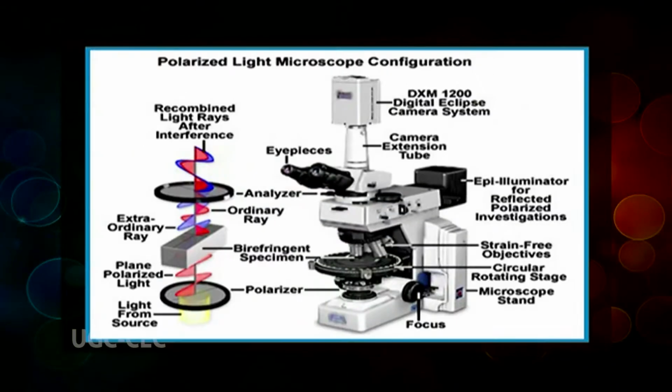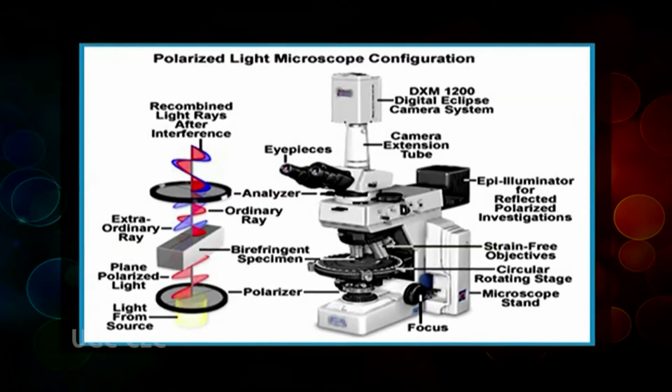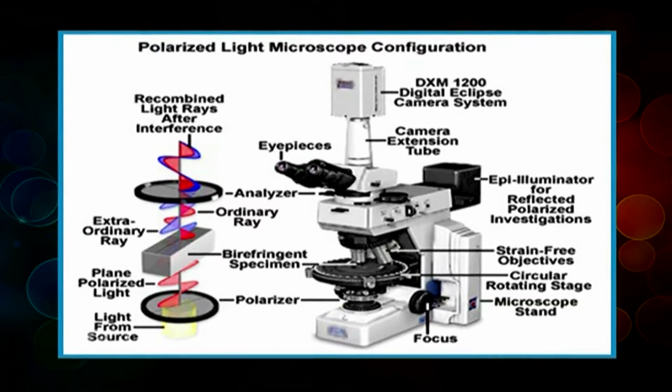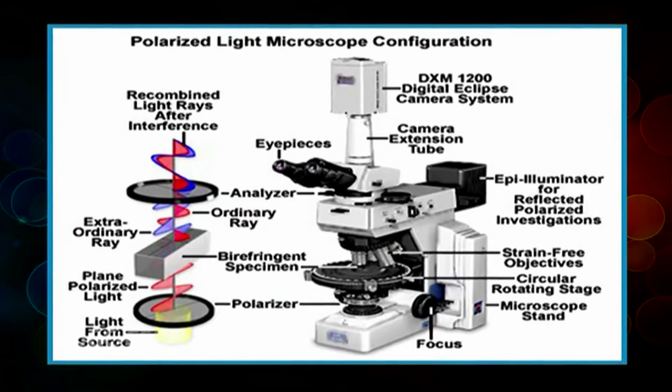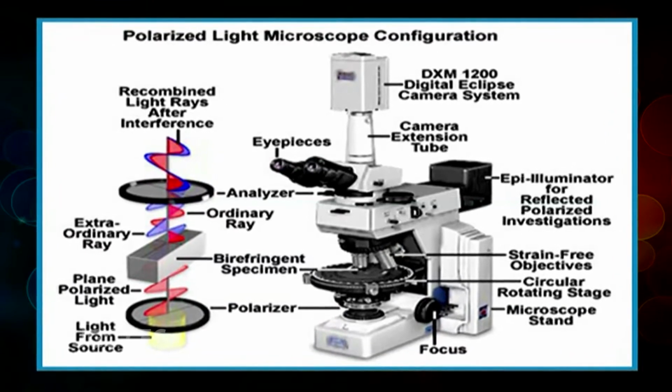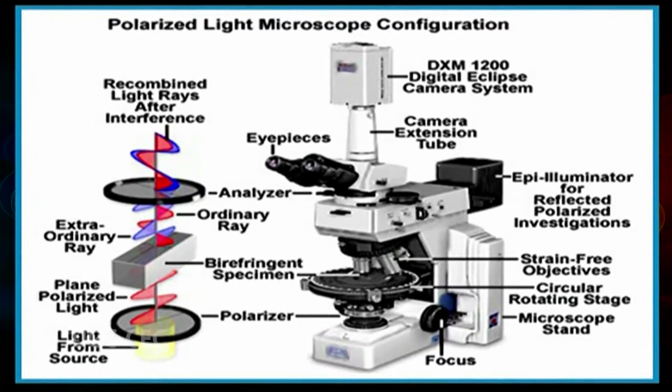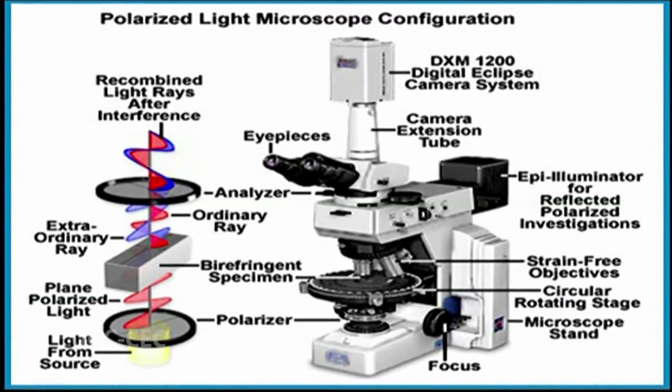Plane polarized light produced by a polar only oscillates in one plane because the polar only transmits light in that plane. The polarized light microscope must be equipped with both a polarizer positioned in the light path somewhere before the specimen and an analyzer, placed in the optical pathway after the objective rear aperture.